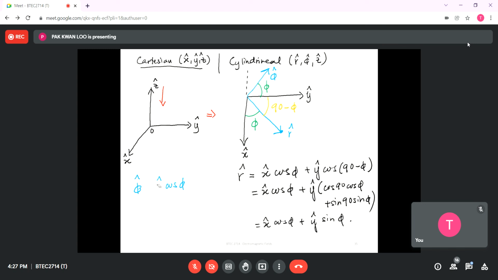I'm going to project the unit vector y with cos phi. And then plus the contribution from the x unit vector, x unit vector times cos. This is 90 degrees plus phi, sorry, right? So from here to here is 90 degrees plus phi. This is the angle of projection. So again, this is cos(90 plus phi). So cos(A plus B) should be minus sin phi.